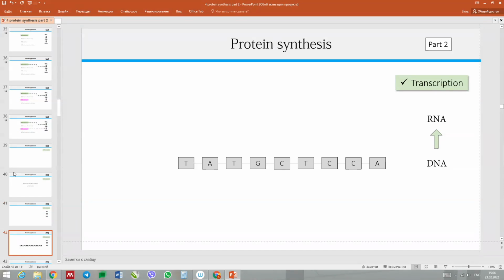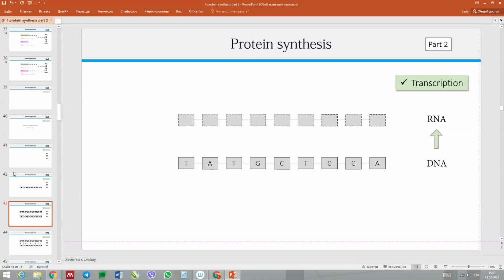Let's imagine that we have here a chain of DNA composed of nucleotides that you see here: thymine, adenine, thymine, guanine, cytosine, thymine, cytosine, cytosine, and adenine. And our task is to transfer information encoded in this piece of the DNA into the form of RNA.